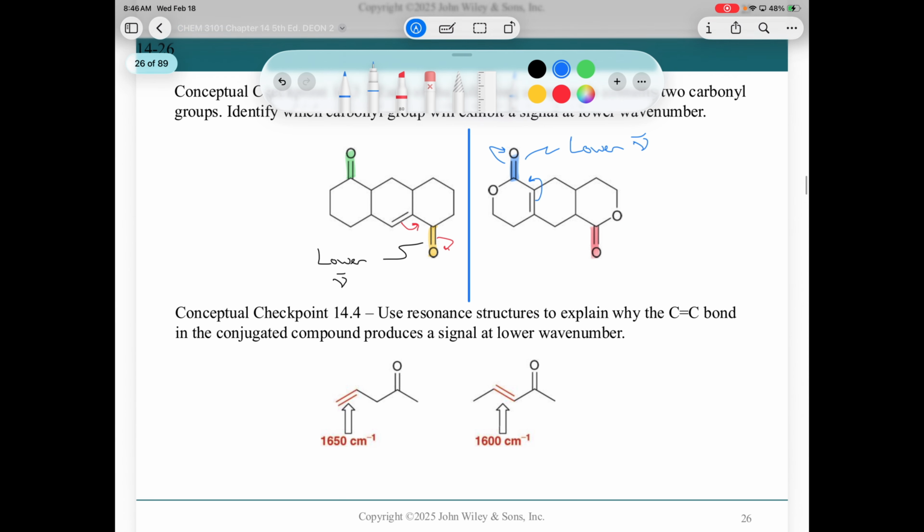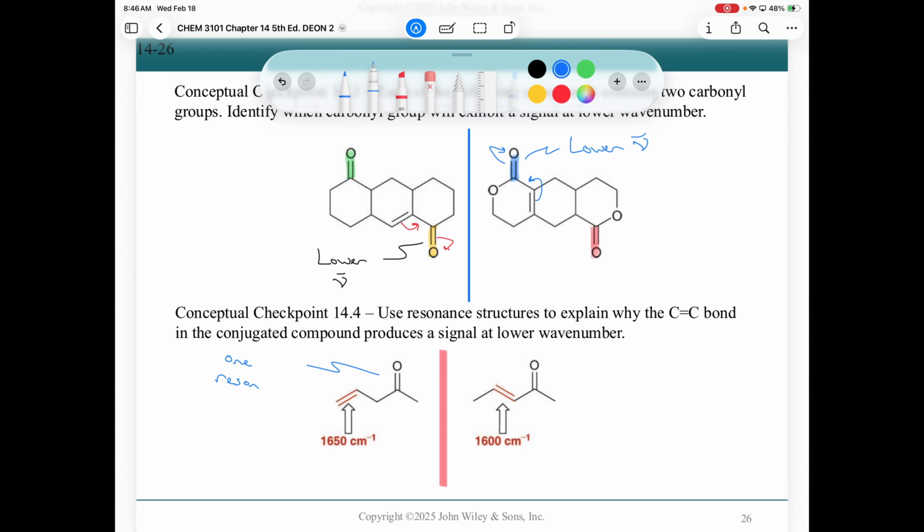All right, so if we look at use resonance structures to explain why the carbon-carbon double bond in the conjugated compound produces a lower wave number. Well, if we draw a line down here, this one, there's only one resonance contributor, only one resonance form outside of this one, and that would be delocalizing these electrons up here, right?